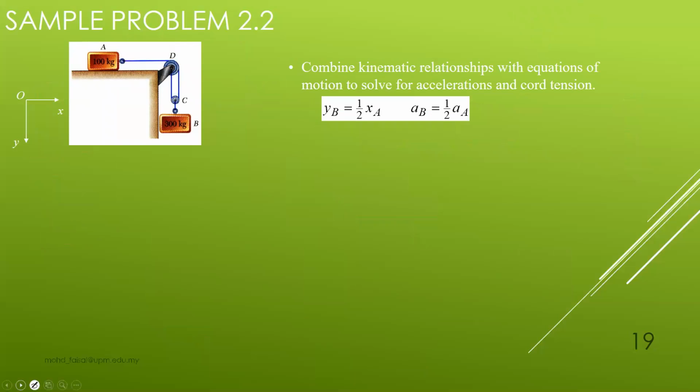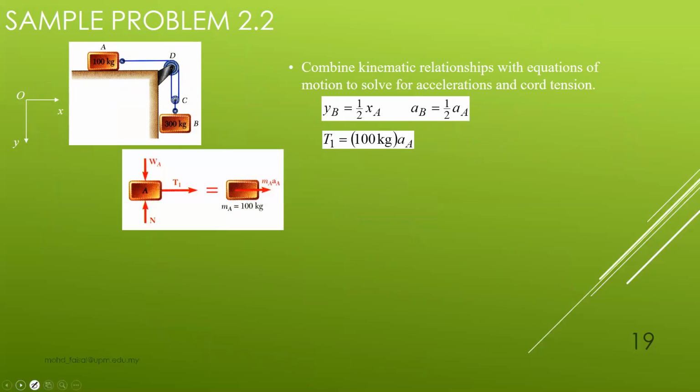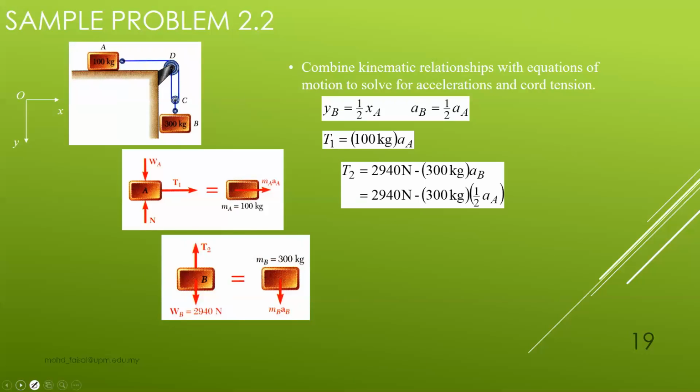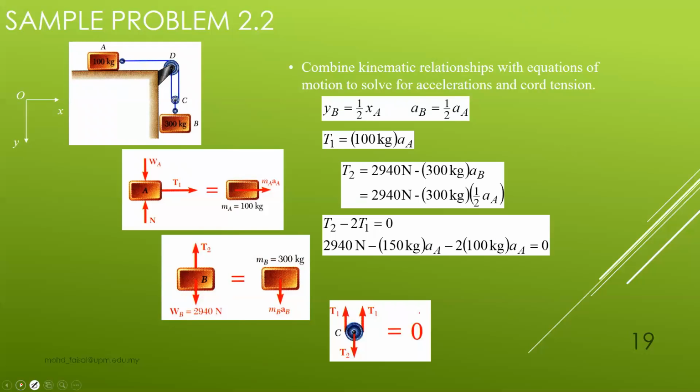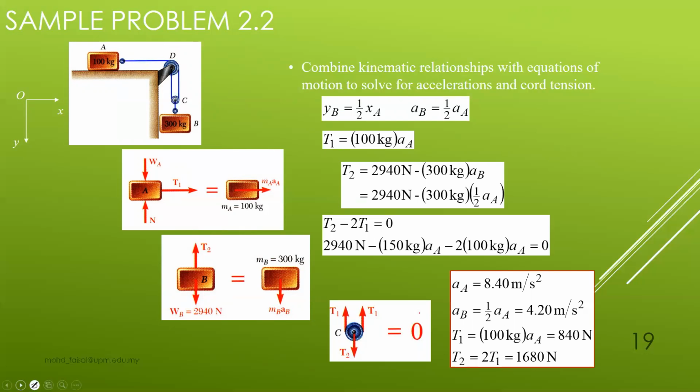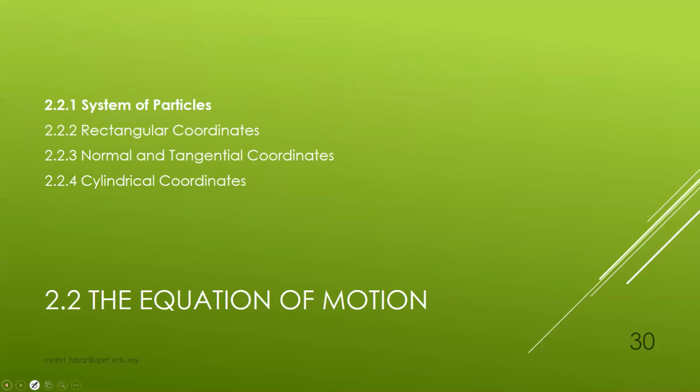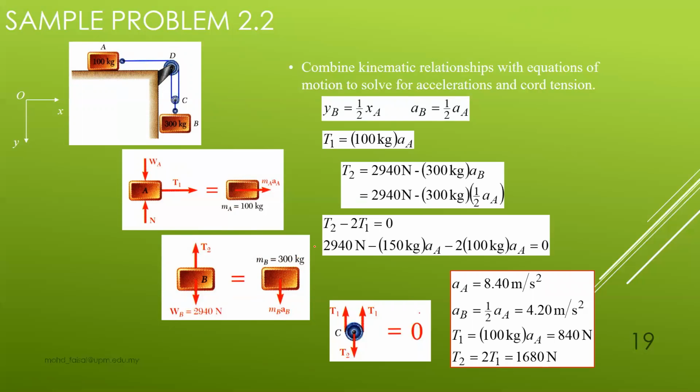Now from all the equations that we got, basically we can solve this particular problem. So it is the first part, second part, and the third part for the pulley: block A, block B, and the pulley at C. So this is all the equations.